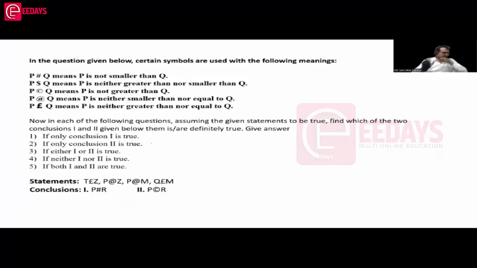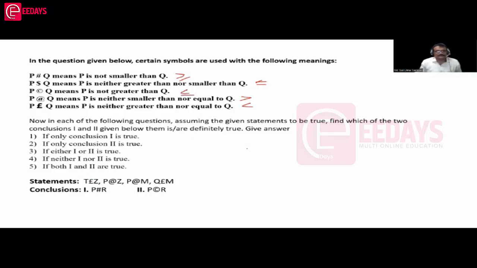Next, go to the next one. Not smaller than, that is greater than or equal to; neither greater than nor smaller than, that is equal to; next, not greater than, smaller than or equal to; and greater than and less than, as usual.